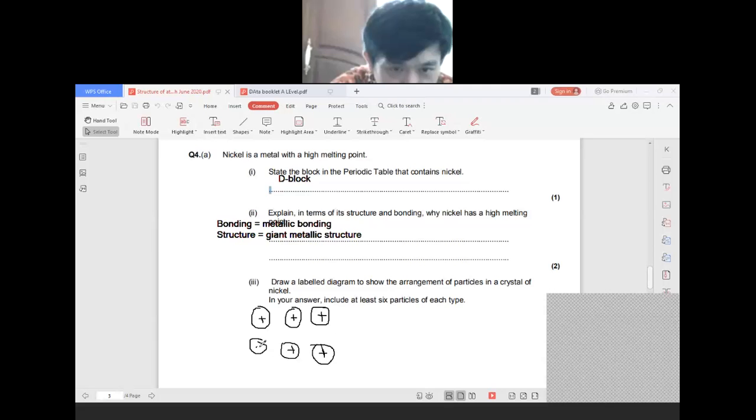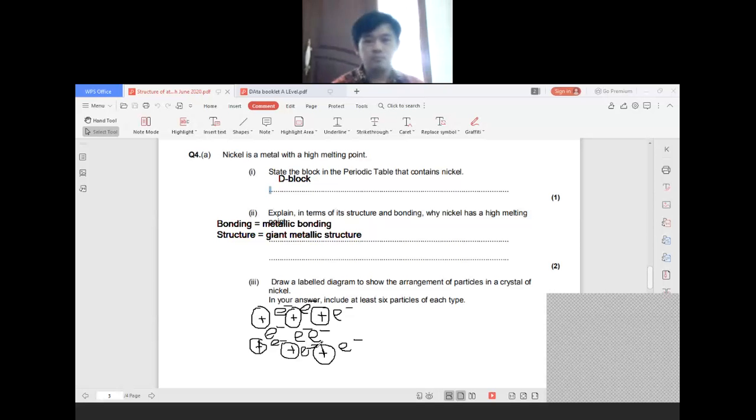Now these represent positive ions, and then metallic bonding. It is difficult to draw with a mouse. And then there are electrons floating around nearby the nickel ions. These are called mobile electrons.